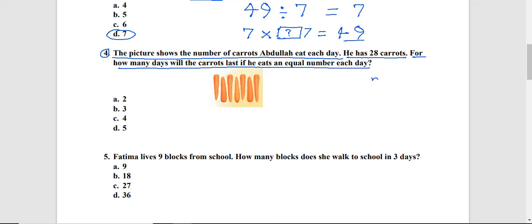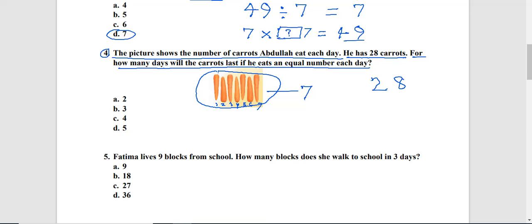So there is a total of 28 carrots. But each day, Abdullah eats what we have in this picture. So this is 1, 2, 3, 4, 5, 6, 7. So we can count each day Abdullah is eating 7 carrots.